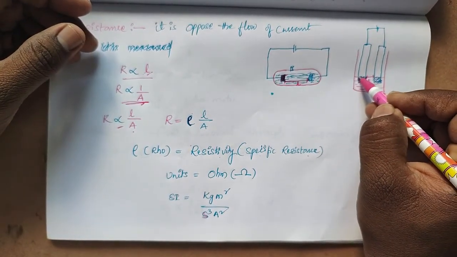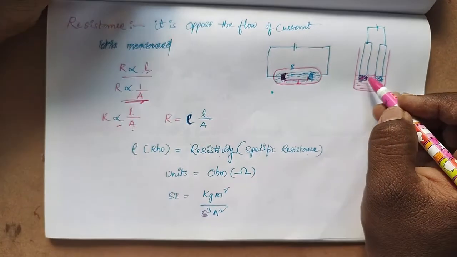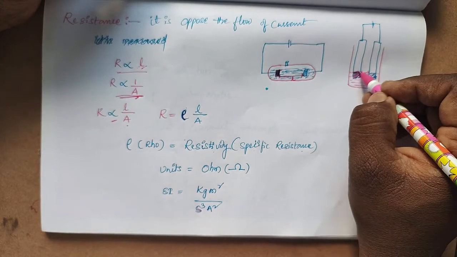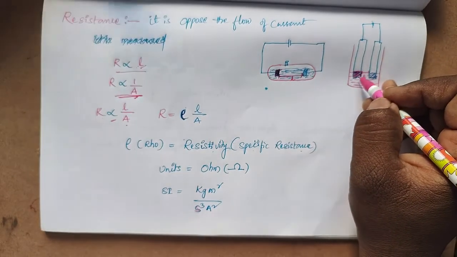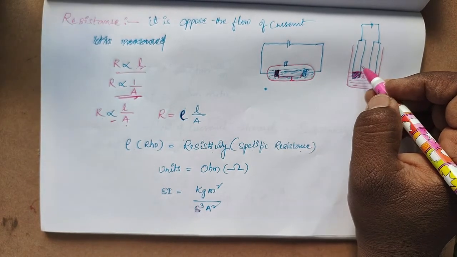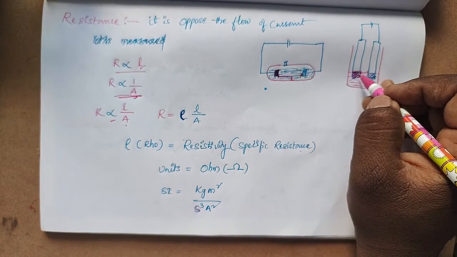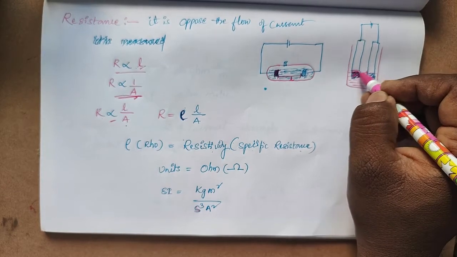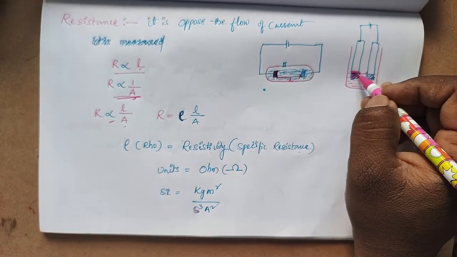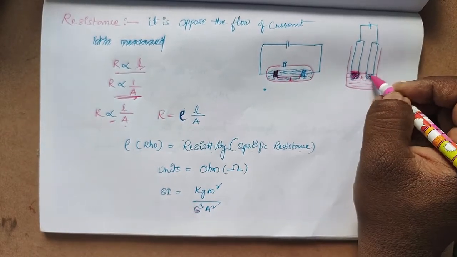The more the electrode is in contact with the electrolyte, the larger the cross sectional area. If the cross sectional area increases, resistance decreases, which means conductance increases.